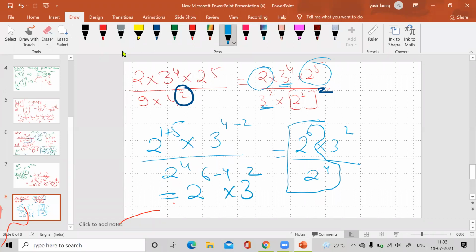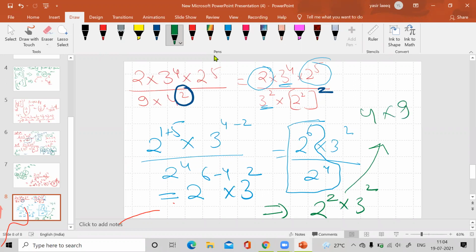When you simplify it, beta, you will get 2 power 2 into 3 power 2. What is the value of 2 to the power 2? It is 4. And the value of 3 power 2 is 9. When you simplify it, you will get 36. Is it clear? It's very easy, just concentration is required here.